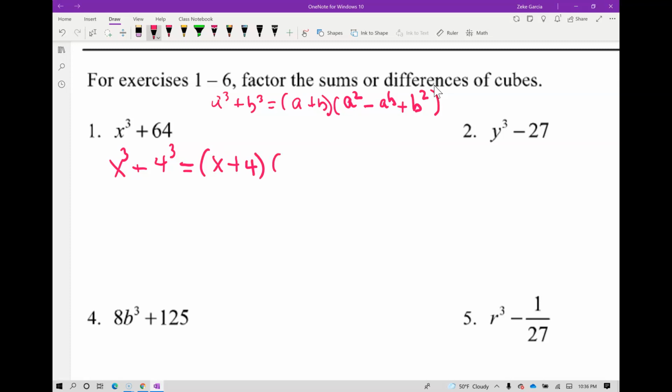Now it says here a squared, so you get your x, and you're going to square it. That's x squared. Minus our a is x and our b is 4, so you normally put the coefficient first, so that's 4x. Plus b is 4, so it's 4 squared, which is 16. This is your linear factor, and there's your quadratic factor.